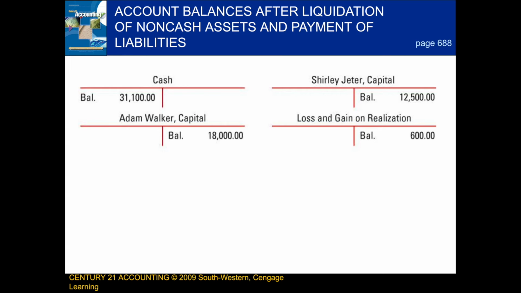The Adam Walker Capital account has an updated credit balance of $18,000. The Shirley Jeter Capital account has an updated credit balance of $12,500. And the loss and gain on realization has an updated credit balance of $600.